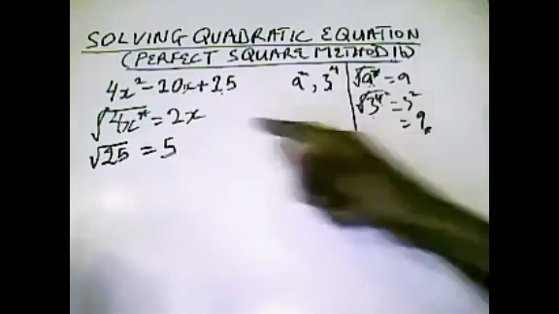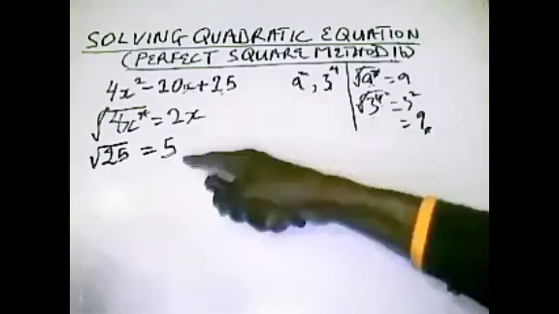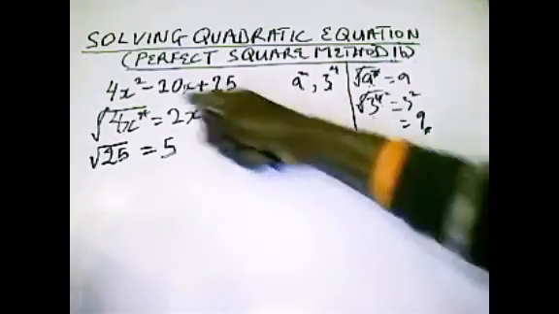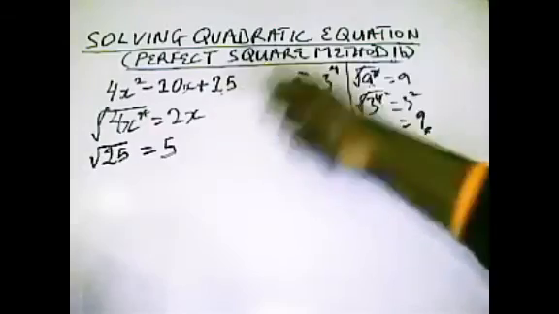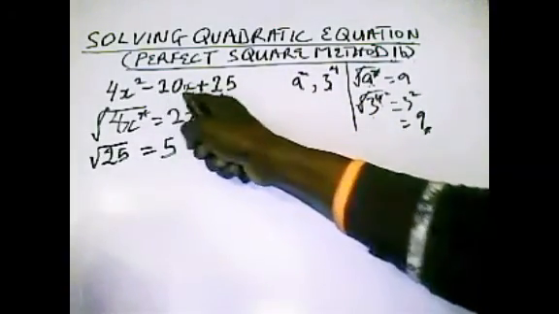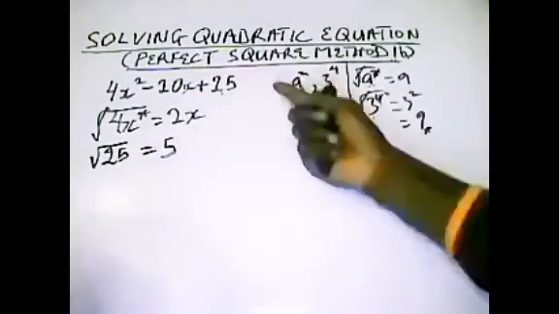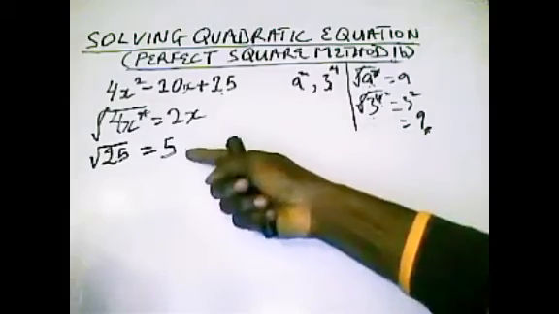Since the first term and the last term give us rational numbers, it means that we can use the perfect square method to solve this. Now we progress to the next step. What is the next step? We test to know how to get the middle term. Don't forget, to get the middle term, it is 2 times the result here and the result here.